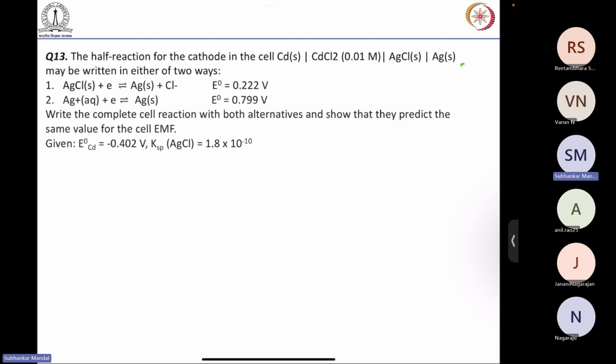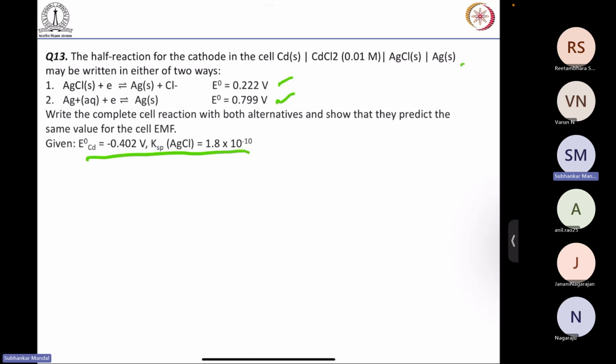Ag going to AgCl going to Ag, with the standard potential given, and second, Ag going to Ag solid, which is also given. Write the complete cell reaction with both alternatives and show that they predict the same value for the cell EMF.